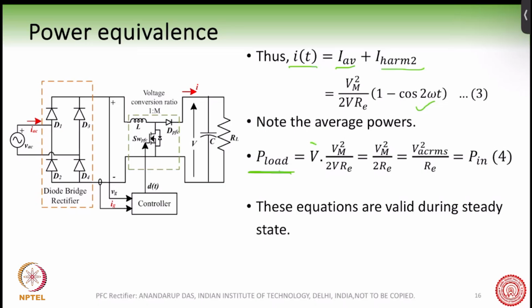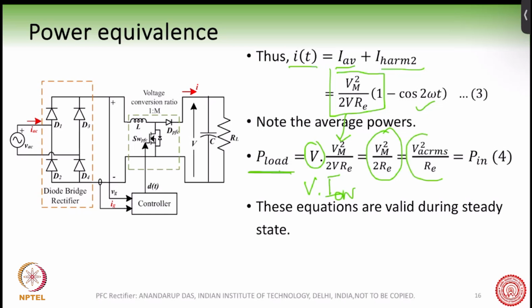The load voltage is constant, capital V, and the DC component of the current, I average, so this is V into I average, which is equal to Vm squared by 2 V RE. So P load is equal to Vm squared by 2 RE, and Vm squared by 2 because we are using a sinusoidal AC voltage source.